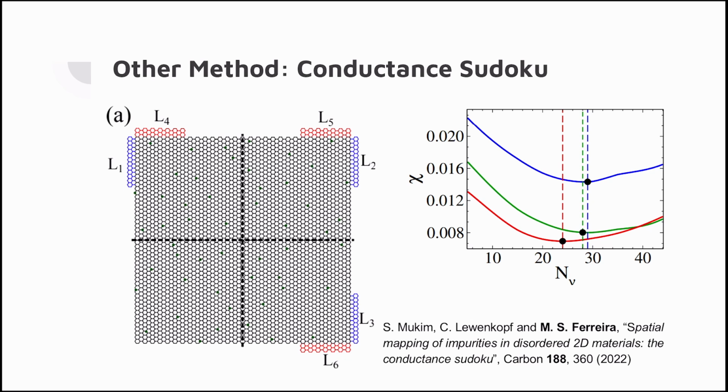So, for instance, if we create a Sudoku-like puzzle out of our transmissions, so if we take our transmission across the top, I would take transmission on the right, etc. We build up transmissions along different axes.